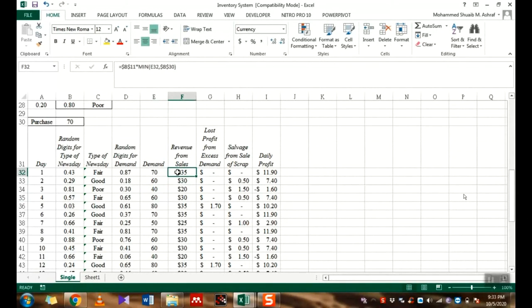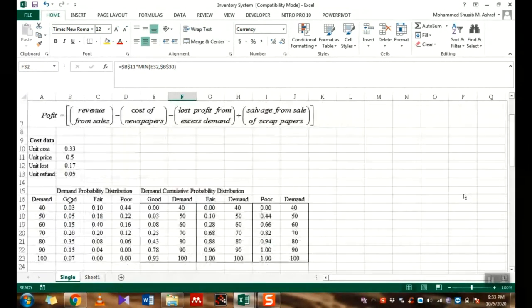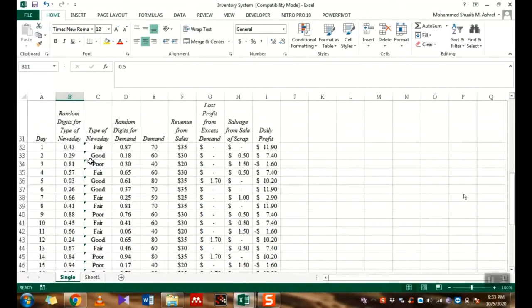Now we have to compute the revenue from sales. Okay, revenue from sales. How will we calculate? Now, what is the selling price of a newspaper? 0.50, 50 cents.